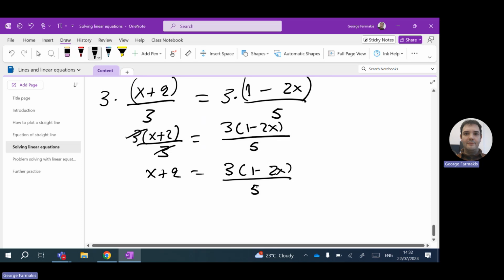If we want to get rid of the 5, because 5 divides this 3 times bracket 1 minus 2x, we can again multiply by 5. But if we multiply by 5, we multiply both sides by 5.